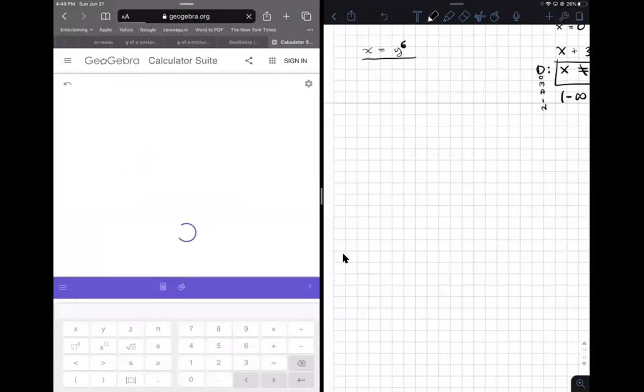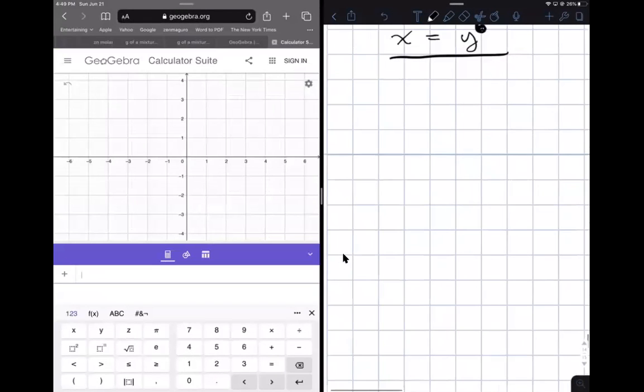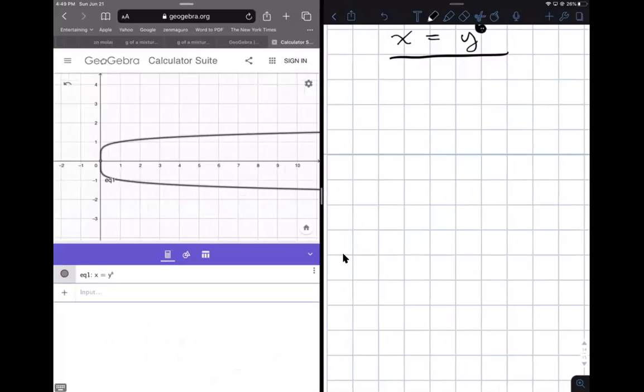Yes. Okay, so on the left, I'm just going to graph this. All right, so it looks like that.